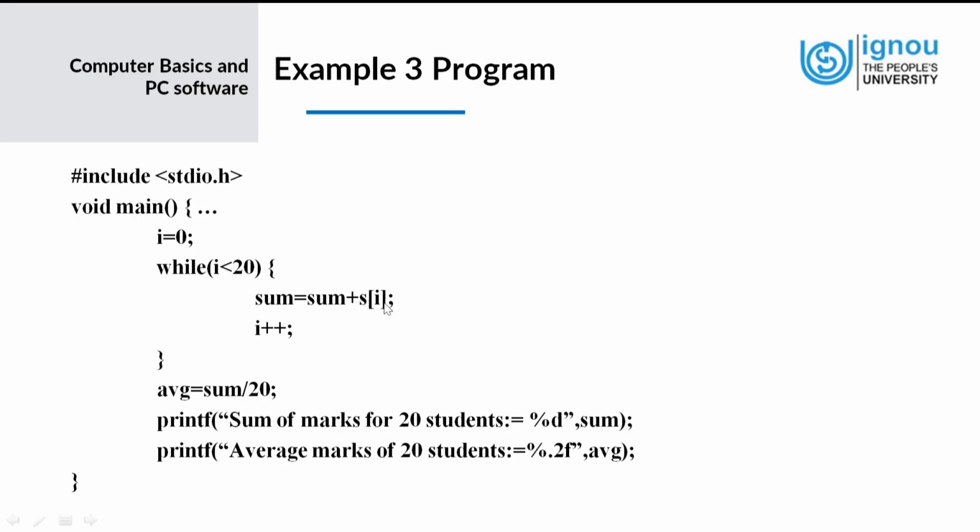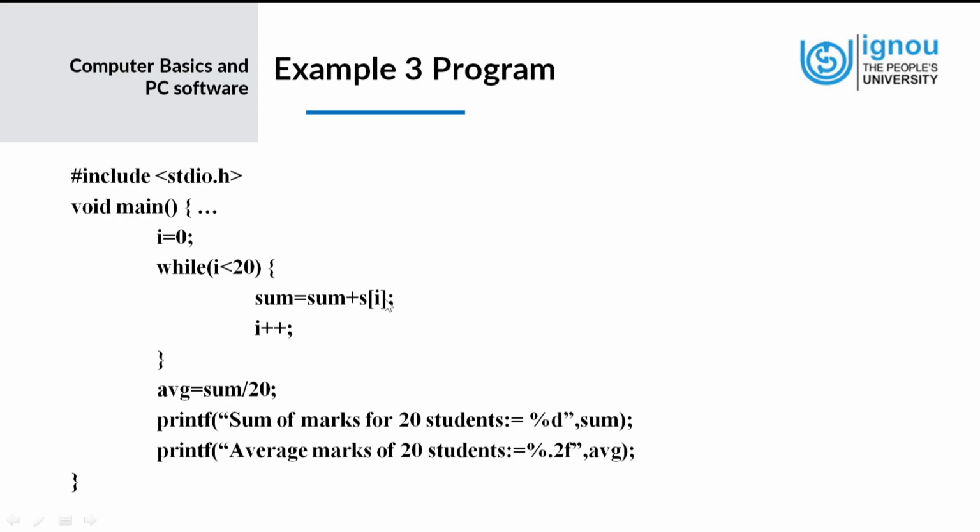So first S0 will be added, then I will be incremented, same as for loop. Then I becomes 1, sum plus S1, then I becomes 2, that is sum equals sum plus S2. So sum is basically getting all the values.